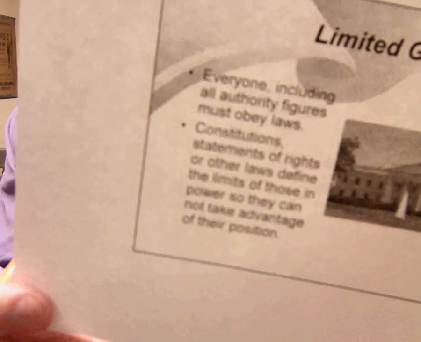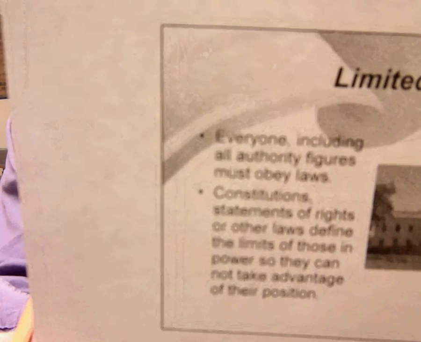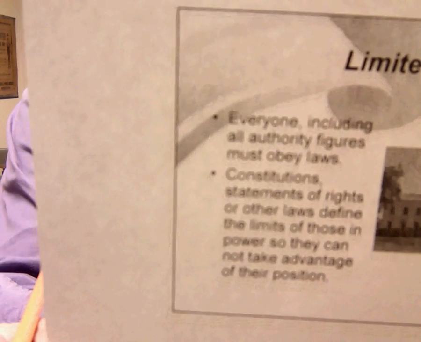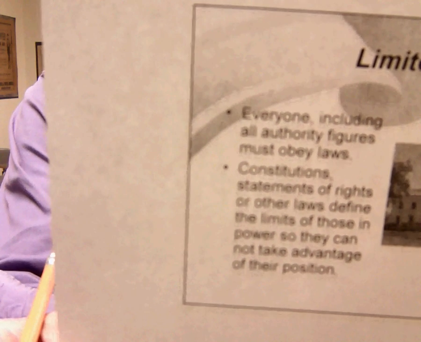So, limited government. Everyone, including all authority figures, must obey laws, constitutions, statements of rights, and other laws, define the limits of those in power so they cannot take advantage of their power. So that's limited government. You have these in your notes. We took notes over all these, so that's simply from your notes.